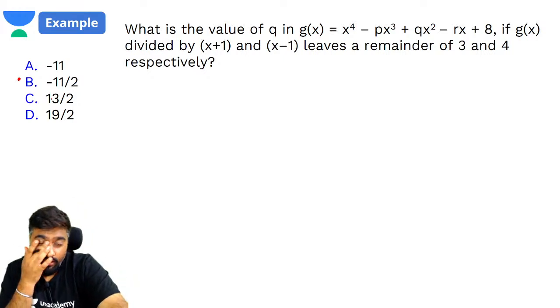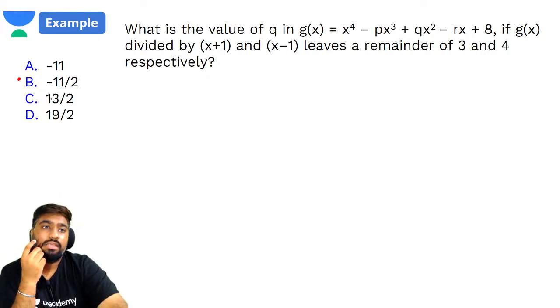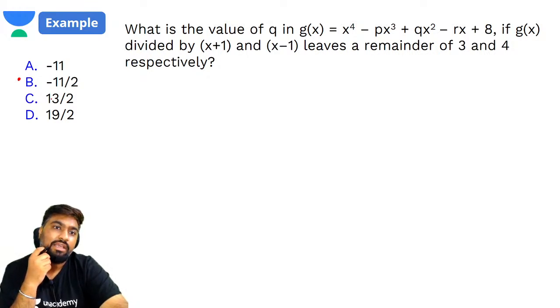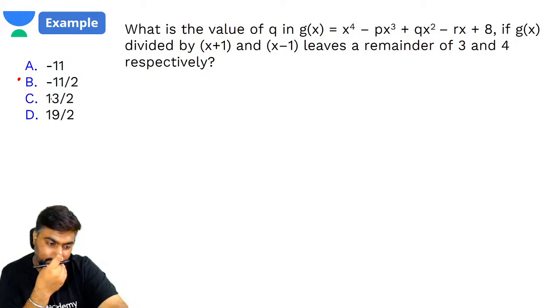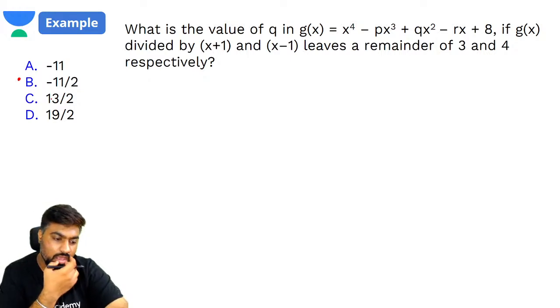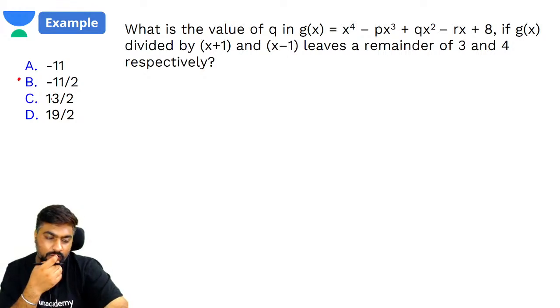What is the value of q in this particular expression if g of x, when divided by x plus 1, leaves a remainder of 3 and when divided by x minus 1 leaves a remainder of 4? Sakshi says B, Milan also says B. Okay.